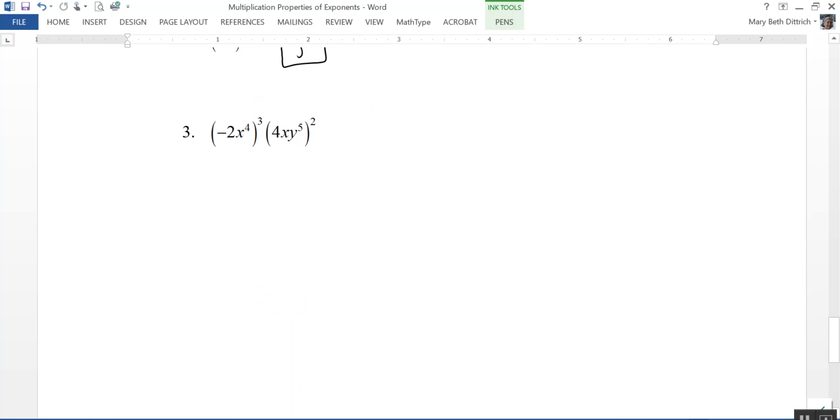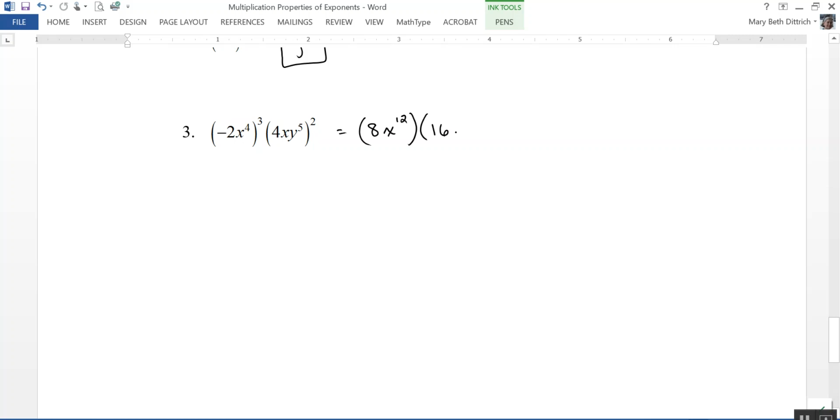And my last example here, I have negative 2x to the fourth cubed, times 4xy to the fifth squared. So I'm going to raise to the third power everything in this first parentheses. So negative 2 to the third power is negative 8. x to the fourth to the third power is x to the 12th. 4 to the second power is 16.